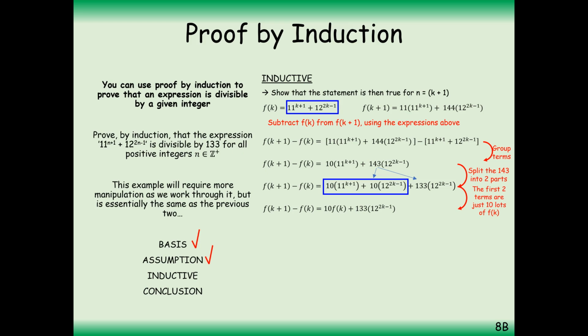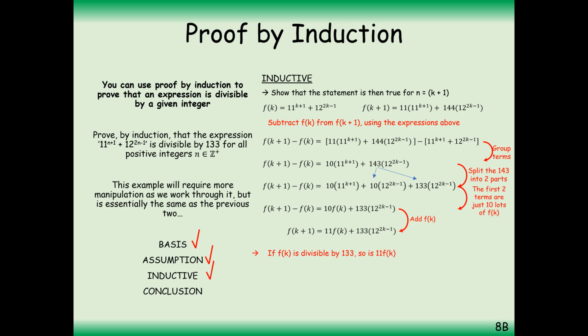So if we add f of k, we will have just 11 f of k on the right side and a factor of 133. So by assumption, f of k was divisible by 133, and we have yet another factor of 133 added to a number that was already divisible by 133.